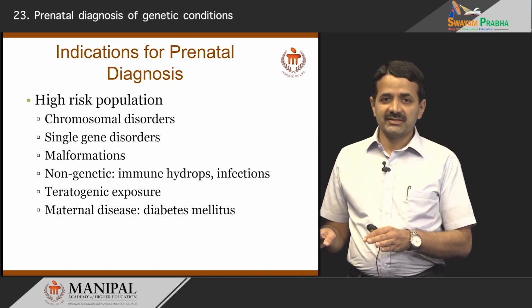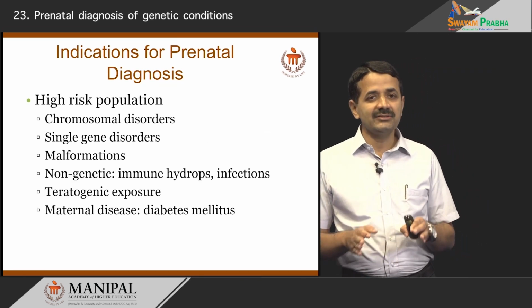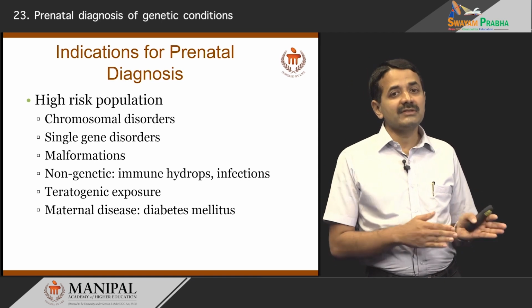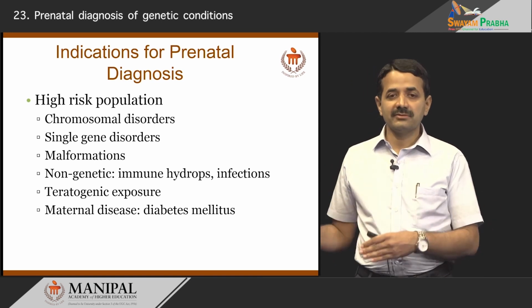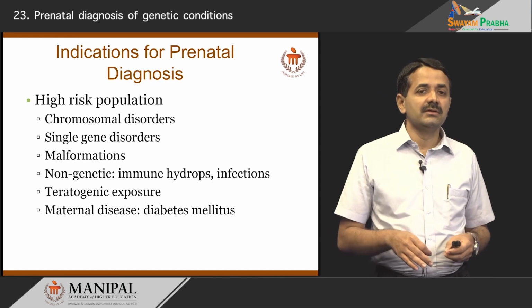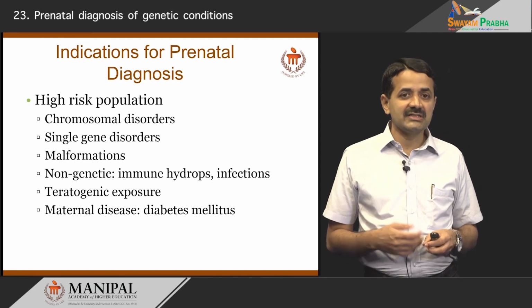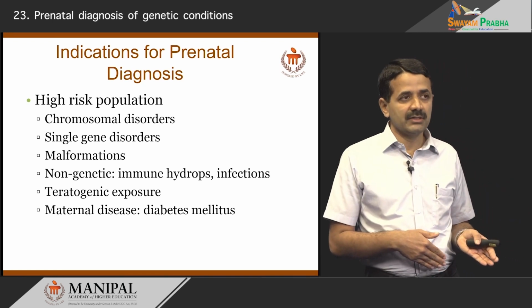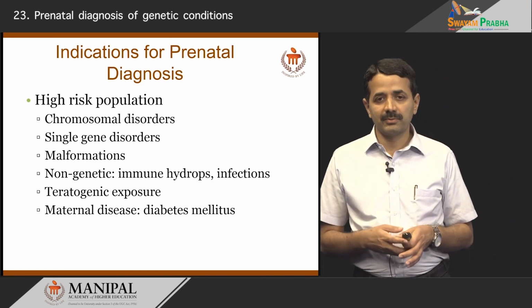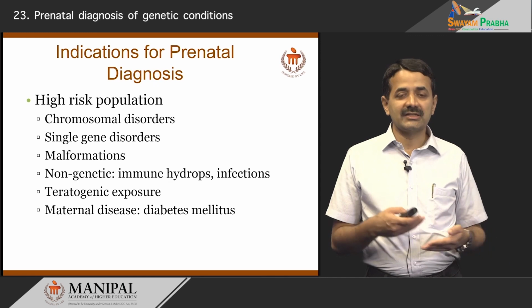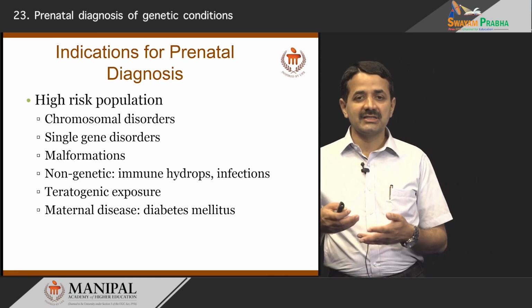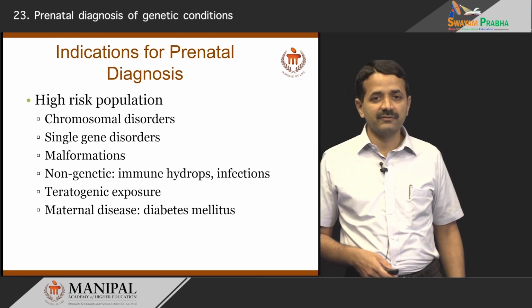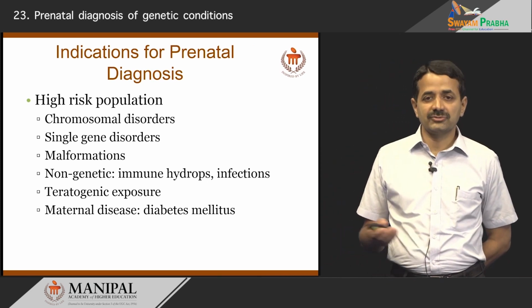In the high risk population, when we say high risk, it is actually those who have more than normal risk, as compared to the general population, of a certain genetic disorder or birth defect. These include chromosomal disorders like a previous child having Down syndrome or a chromosomal problem, and single gene disorders. It can be thalassemia, sickle cell disease, hemophilia, spinal muscular atrophy, Duchenne muscular dystrophy and so on.